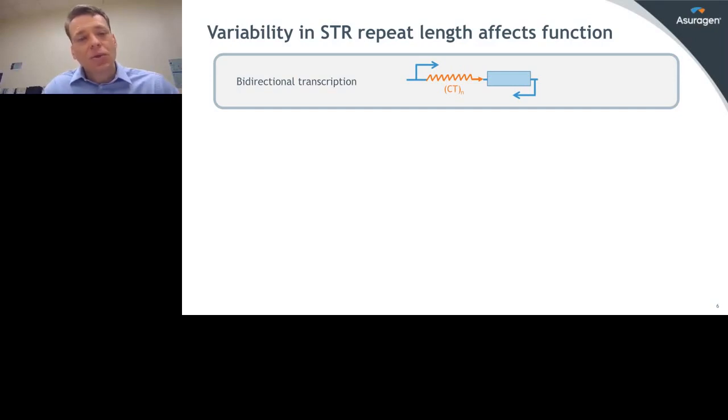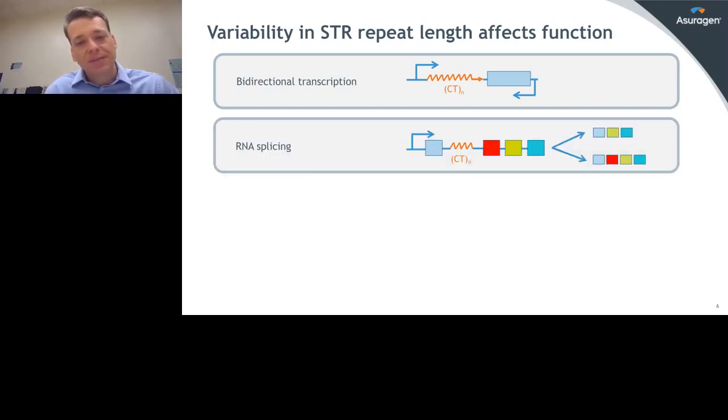This is a disorder with a pathogenic repeat expansion, where interestingly, the sense transcript can be translated into a toxic poly-Q protein, whereas the antisense transcript, which contains the repeat, can be a sink to bind the splicing factor muscleblind and trigger larger scale splicing defects within the cell.